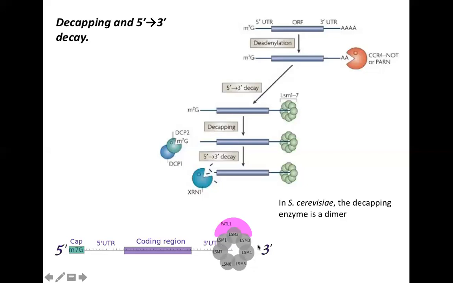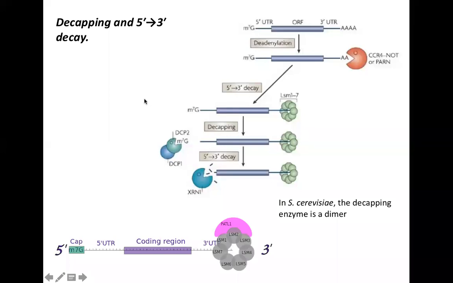Generally this is a family of proteins, and the job of these LSM proteins is to metabolize mRNA molecules, and they generally work by constituting a heptamer. Heptamer means there are a total of 7 proteins: LSM1, LSM2, 3, 4.